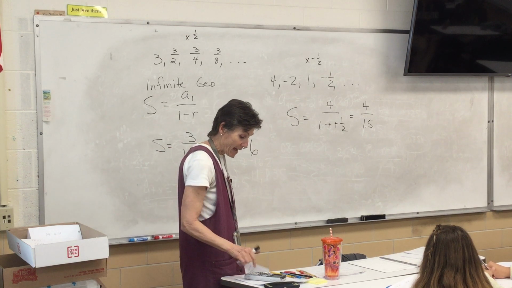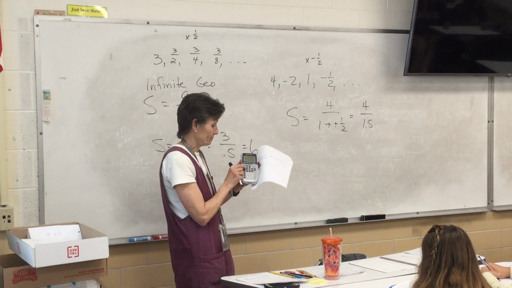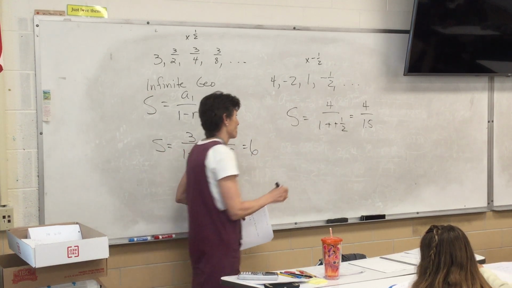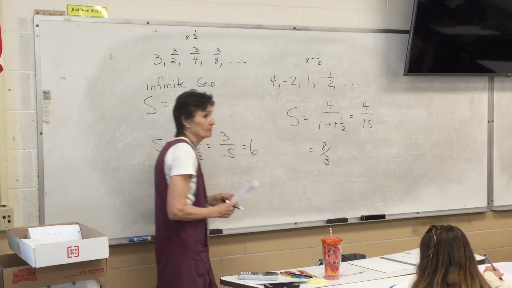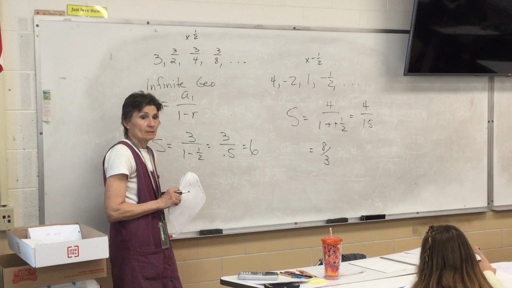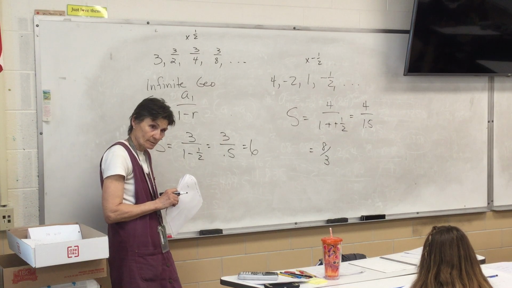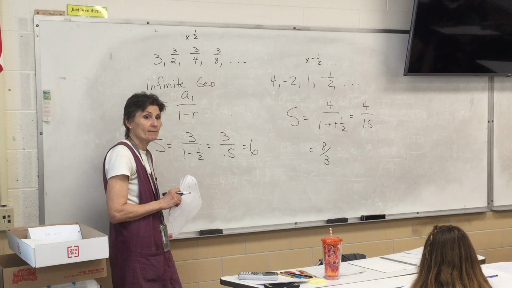Okay, would you hit your math button? Math frac? Did you get 8/3? That way we don't have to round it off. Hit your math button and then hit equals, and it changes it to a fraction.